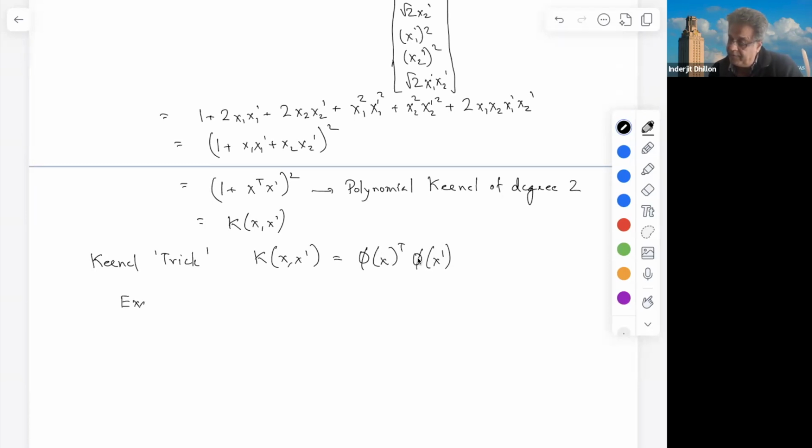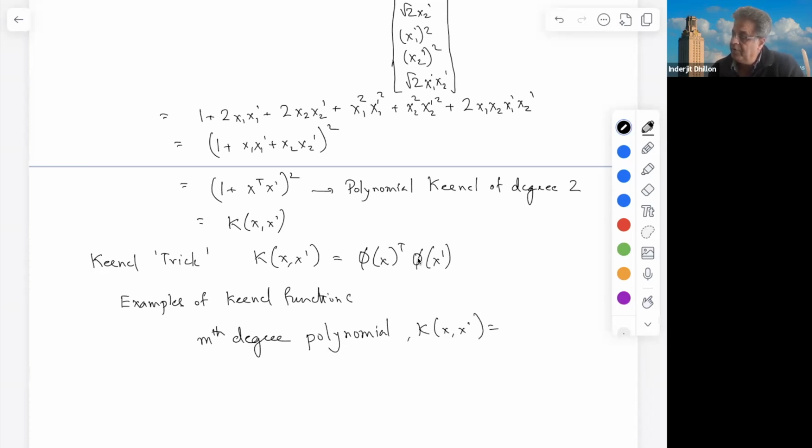So examples of kernel functions: let's say the m degree polynomial, which is k of x, x prime equals 1 plus x transpose x prime to the power m. And we looked in detail at m equals 2. With m equal 2, phi of x was d square.